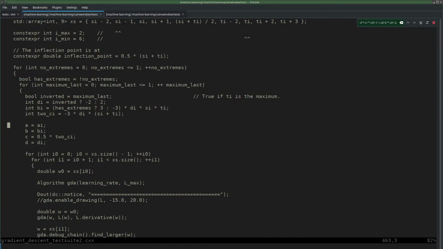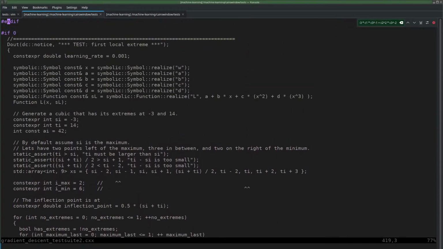Here we assign to AI. What is AI? It's an int. To have a symbol A, and then I can just assign an integer to it.